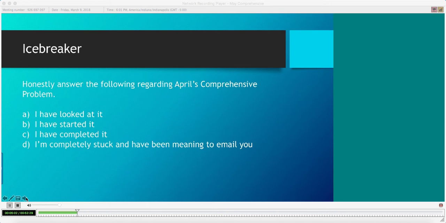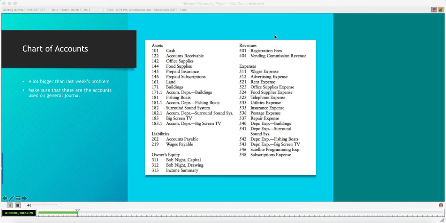Make sure I didn't miss anything. Okay, as you can see, the chart of accounts is a lot bigger this time than in April's. You are purchasing subscriptions, land, buildings, additional fishing boats, surround sound system, and a big screen TV.